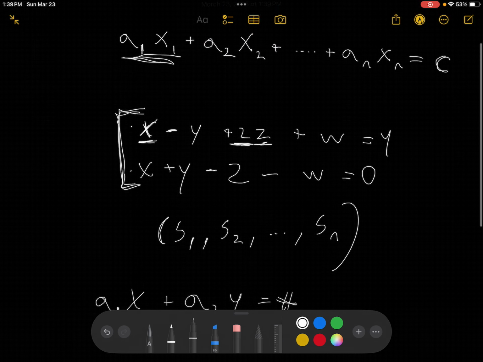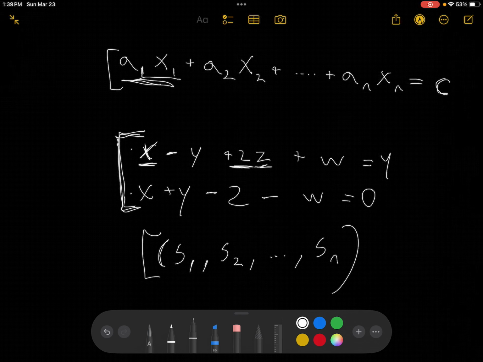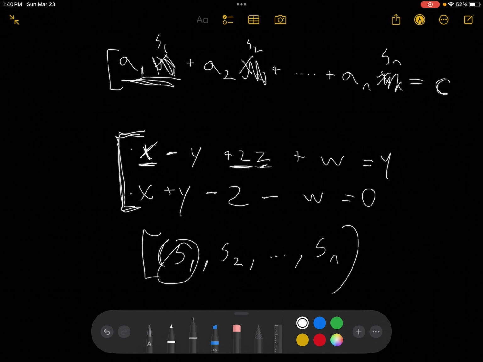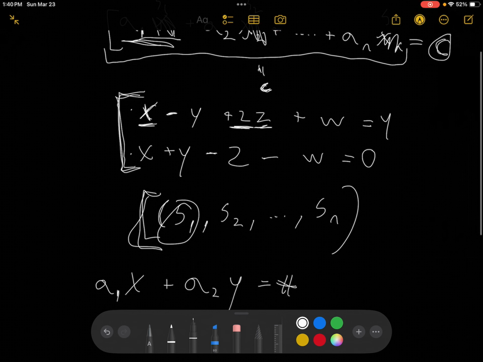How you would interpret this is, when you take all of these s numbers and plug them into their respective variables, so let's sub in s1 for our first variable, then s2 for our second variable, and so on, we're just multiplying and adding a bunch of constant numbers together, so we can evaluate this. And if this is indeed a solution, we should get that this equals c, this number over here.